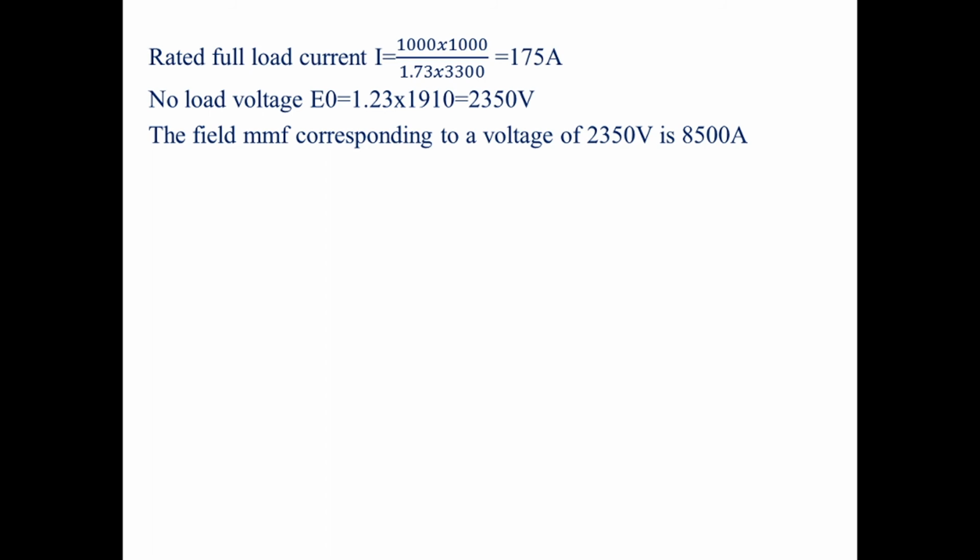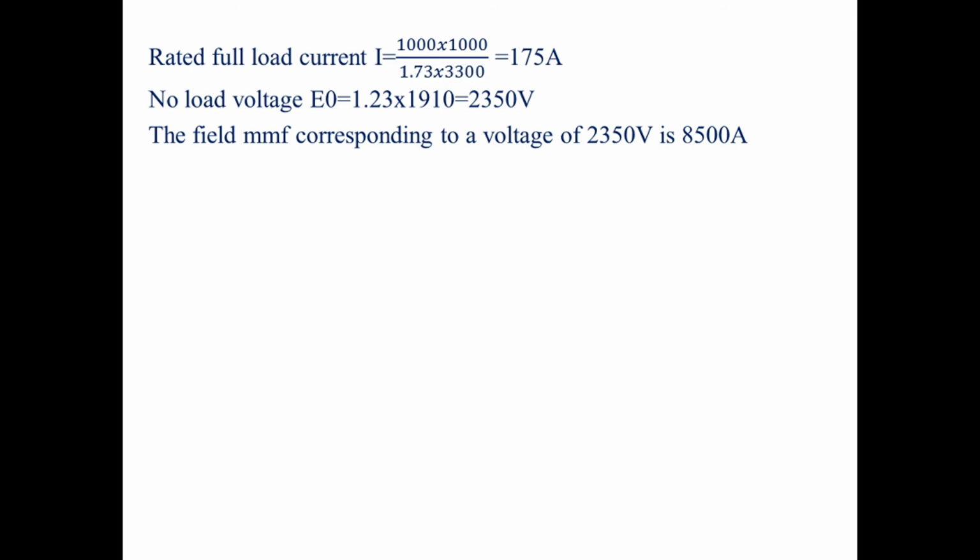Next, the field MMF corresponding to the voltage 2350. If you see the table, what is the value of voltage? No load voltage is 2350. So for that particular voltage, what is the field MMF? So field MMF for 2350 volts, 2300 is the nearest value according to the table.